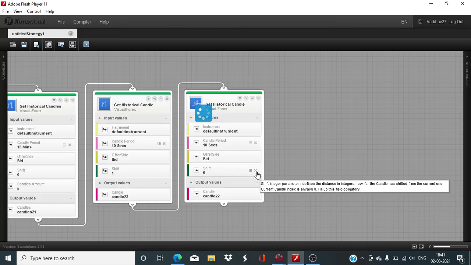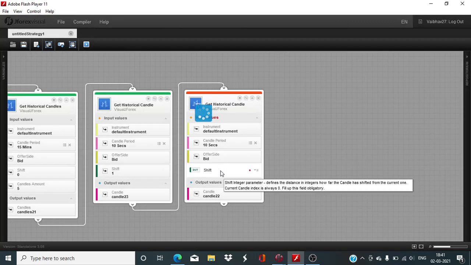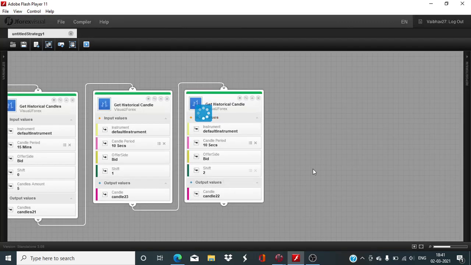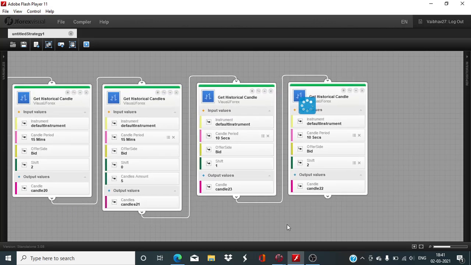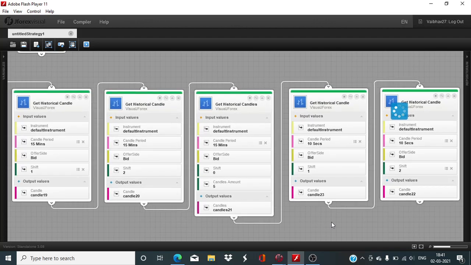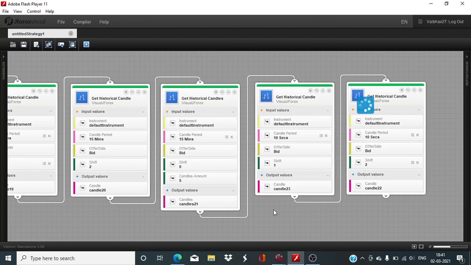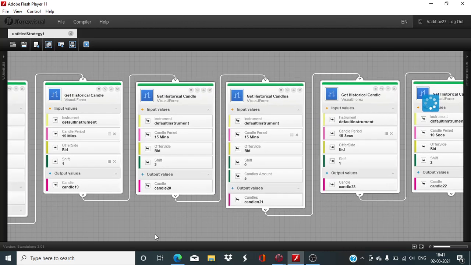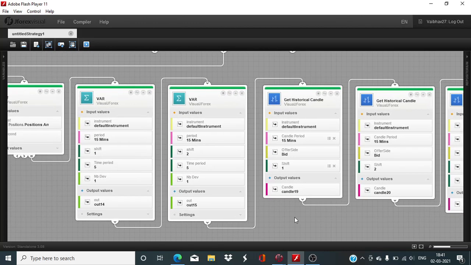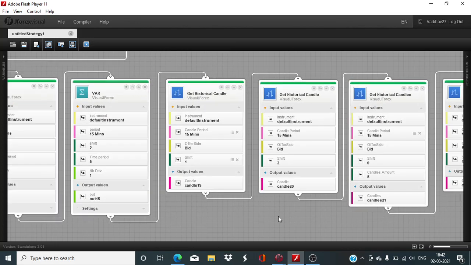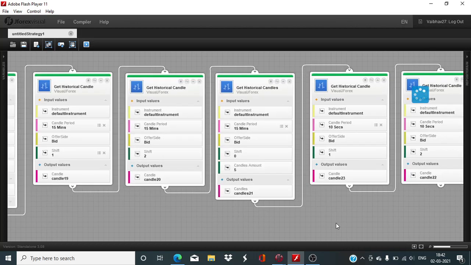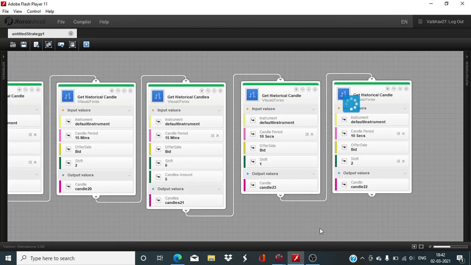And shift value of 2. Okay. So these will be the blocks which we will use to gather the information to see what kind of price action is happening, and then these 2 indicator blocks to look at the values and to see whether there is enough of volatility, and then execute the trades as and when the conditions are fulfilled.